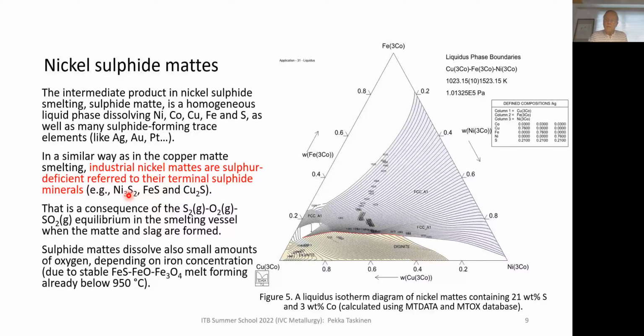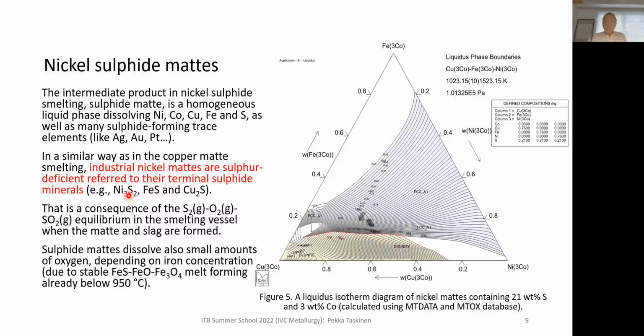So iron is actually the carrier of oxygen in the molten matte, and it comes out as magnetite precipitates from that sulfidic matrix when this nickel matte is solidified.